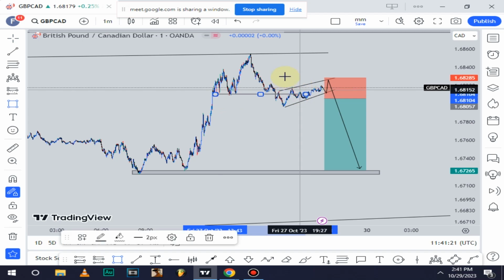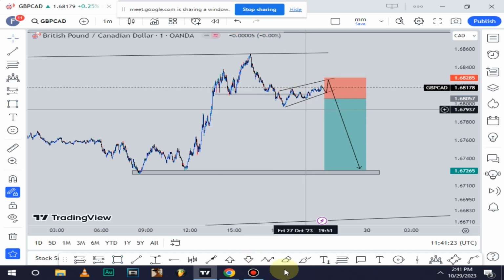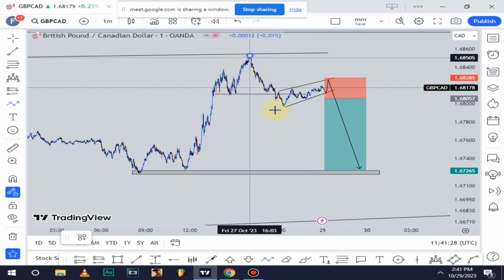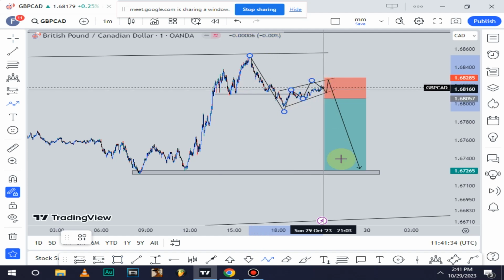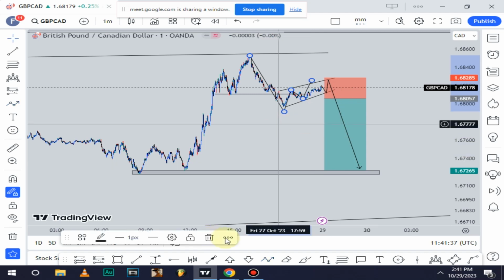Yeah, there was a support there. So I believe the market did break and is trying to correct itself. Look at that, it broke, and now it's trying to give us this correction, just like I said before, to go down. That is a very good sign. Head and shoulder, of course.